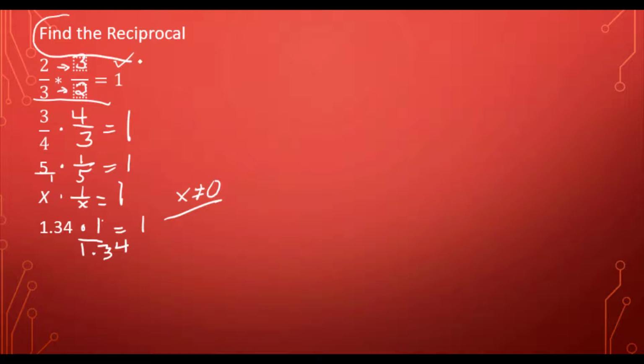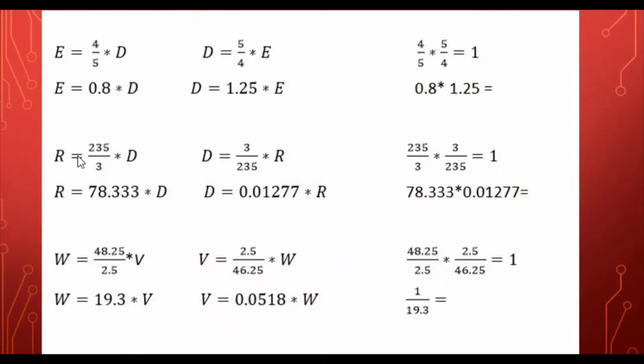So we've dealt with reciprocals in the last several problems. I'll just run them up there. So here's the equations that we've been working with lately. Like for instance, this one, euros equals 4/5 times dollars. And dollars equals 5/4 times euros. Notice that 4/5 and 5/4 are reciprocals right there.